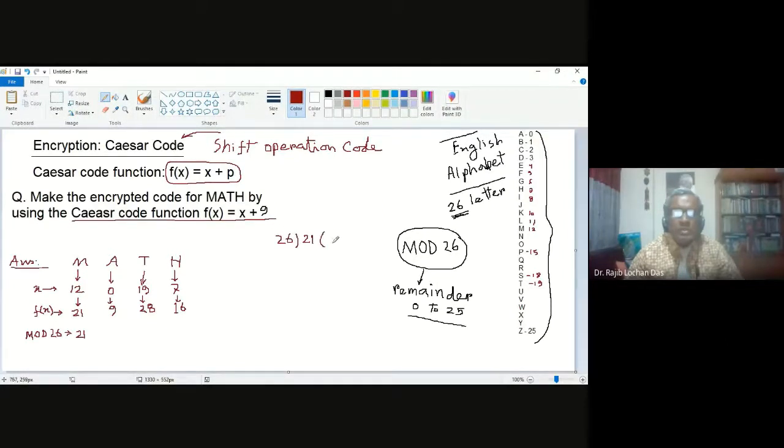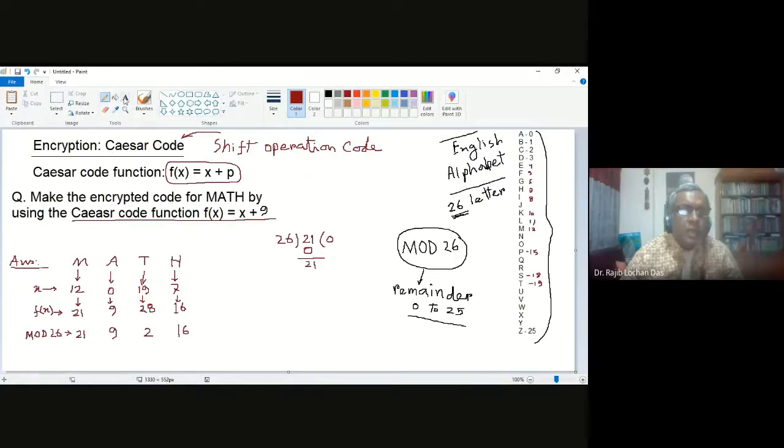You divide this by 26, so it will be 0 times and 21 will be the remainder. So 9 mod 26 is 9 again, because it is below 26. For 28, it will be 2, and for 16, it will again be only 16. So after the mod 26 operation, you have the numbers 21, 9, 2, 16.